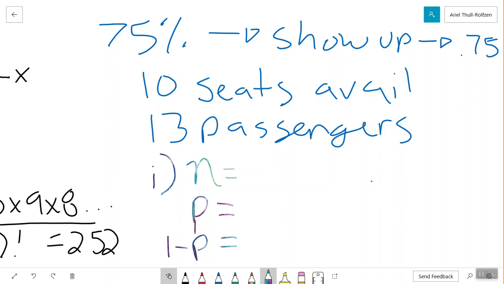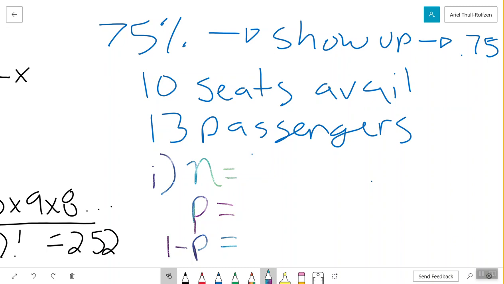Now if you're going through this problem and you're wondering, okay, what is going to be my n? Because it tells me 10 seats are available and there are 13 passengers. The question is asking about the 10 seats that will be occupied, but the 13 passengers are actually going to be our n. Because we're talking about what percent of people are going to be showing up and not what percent of seats are going to be filled.